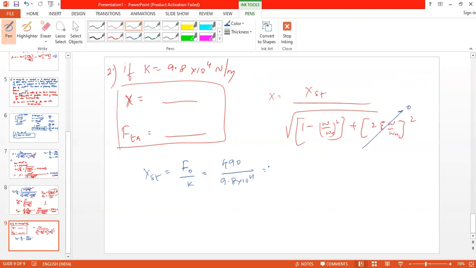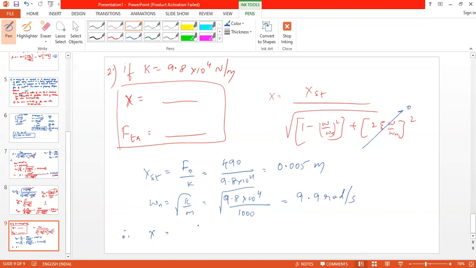That is equal to 0.005 meter, and omega n is equal to root of k by m, that is equal to root of 9.8 into 10 power 4 divided by 1000, that is 9.9 radians per second.